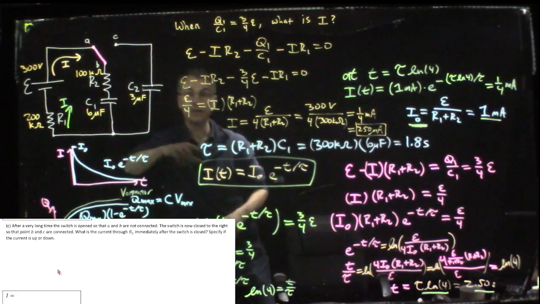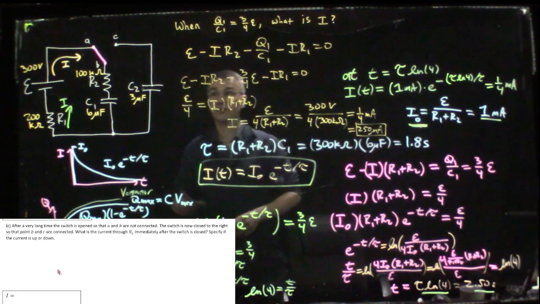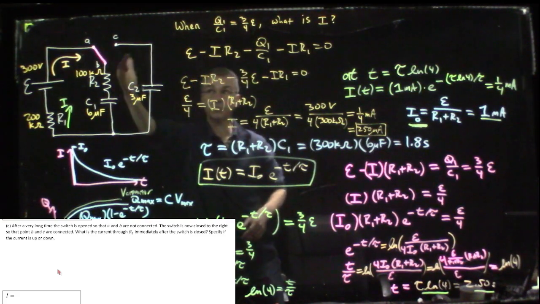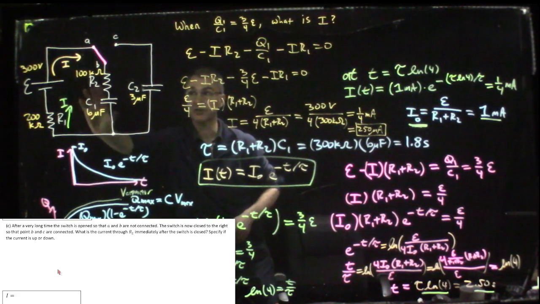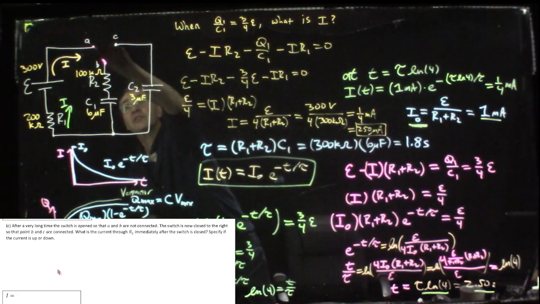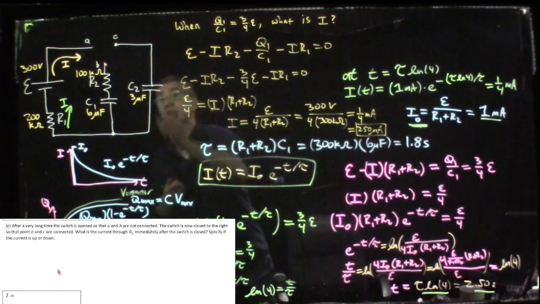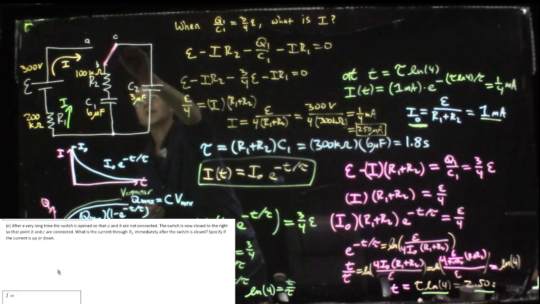So after that very long time, in this circuit, the voltage across the capacitor equals the battery voltage. So that's going to be our starting point for this next point when we throw the switch. What we're going to do in a moment is erase this and redraw it over here, because the switch is now connecting B and C. But the starting point is the charge on this capacitor, and here's minus Q1.